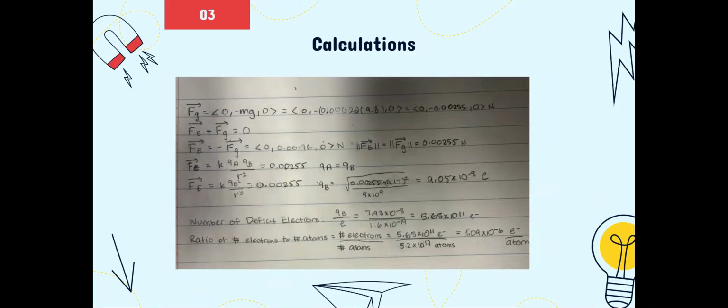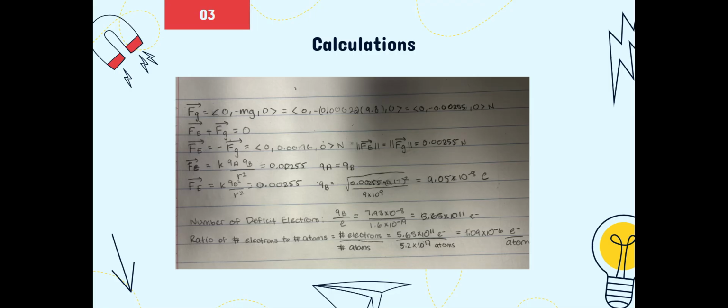And what calculations did we do? Well, first, we found the force of gravity, which the equation was shown before, and it points negative 0.00255 in the y direction because it's just mass times gravity. Then the electric force was basically just the negative of the force of gravity because they sum up to 0. So it's 0.00255 newtons.